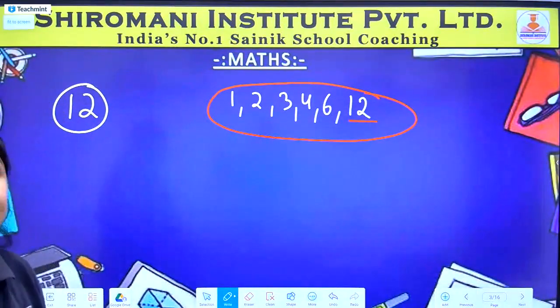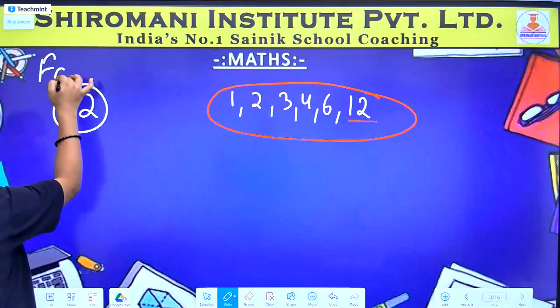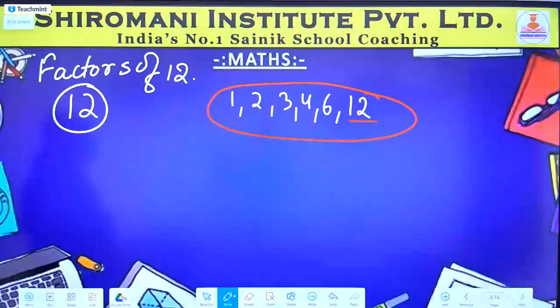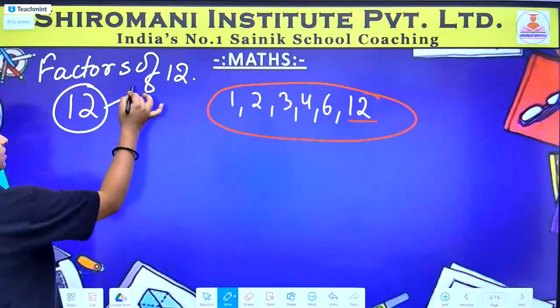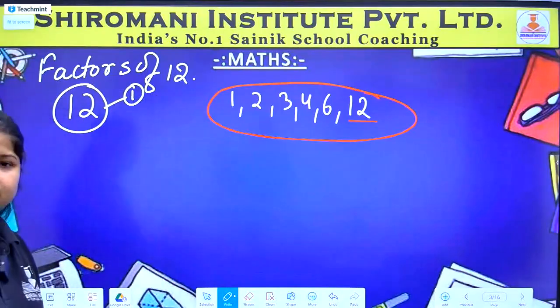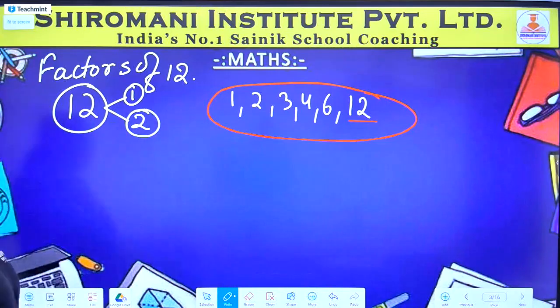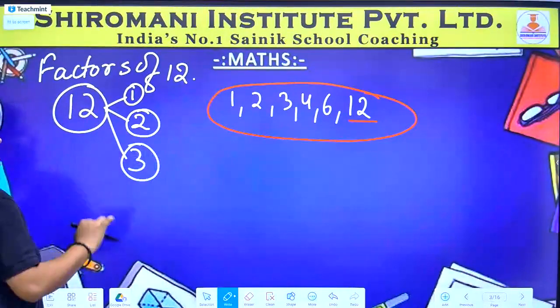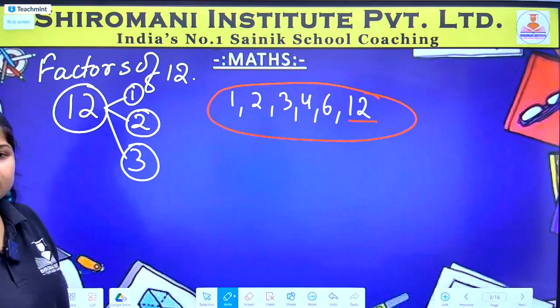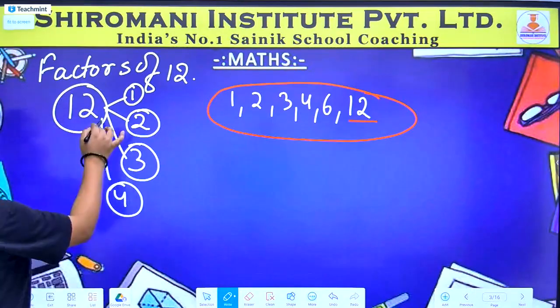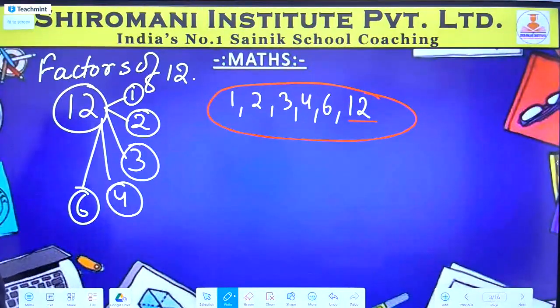So we have to find the factors of 12, right? If I talk about factors of 12, beta, yes, 1 divides 12. 1 12s are 12. 2 also divides 12 because 2 6s are 12. 3 also divides 12 completely. 3 4s are 12. 4 also completely divides. 4 3s are 12. 6 also completely divides. 6 2s are 12.